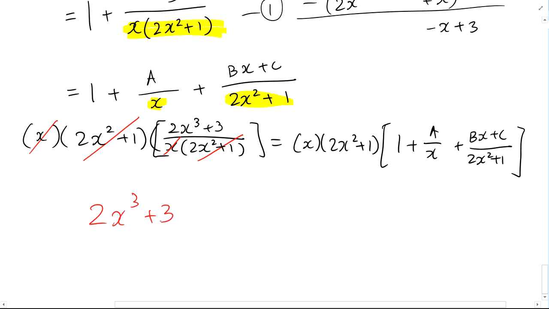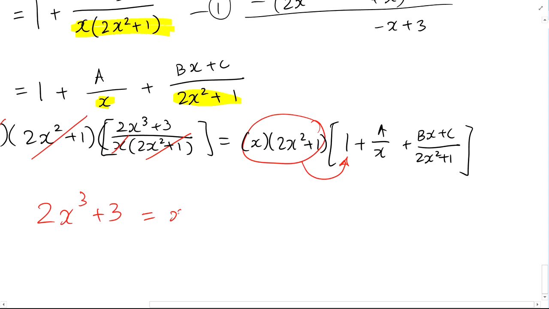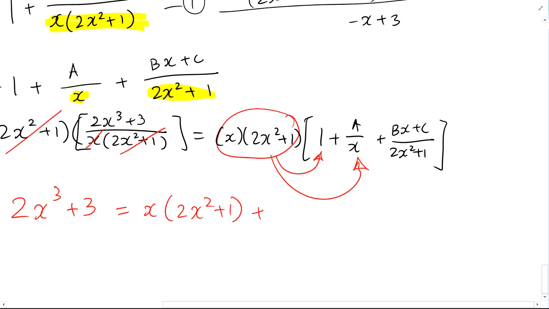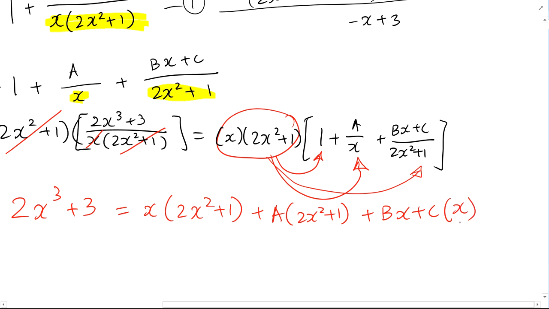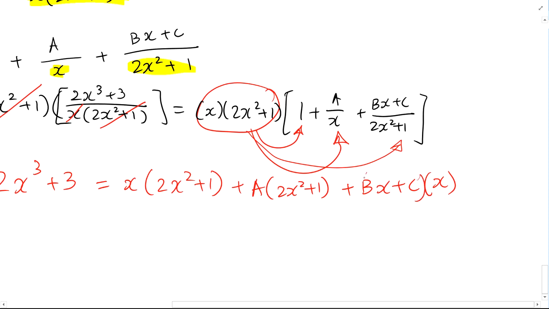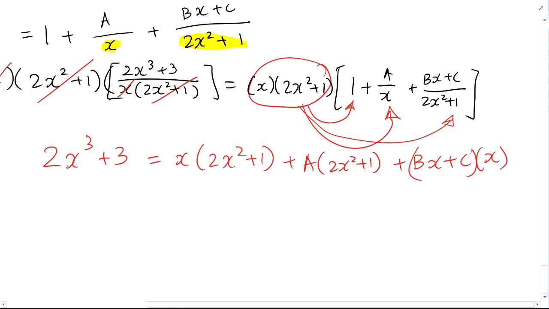On the right hand side, this whole chunk multiplied by 1, we get the same thing, x(2x squared plus 1). Then I multiply to this one, I get A bracket 2x squared plus 1. Now it is multiplied to this part, what do we get? Bracket the bx plus c, times x. I keep giving you all the common mistakes that you may make, but you don't seem to be able to catch it.